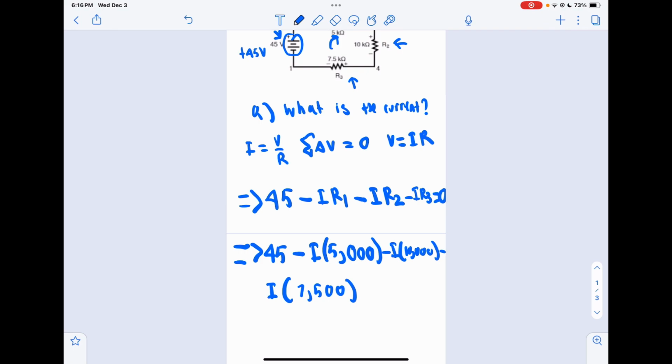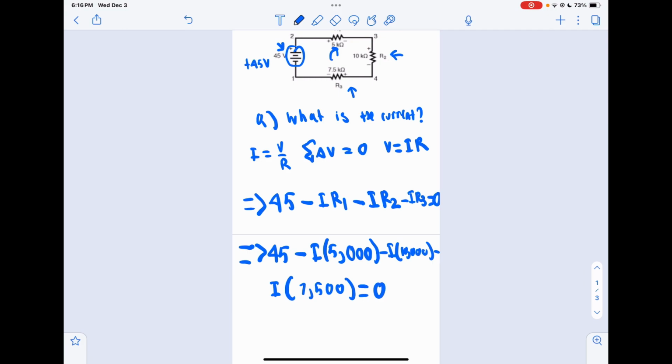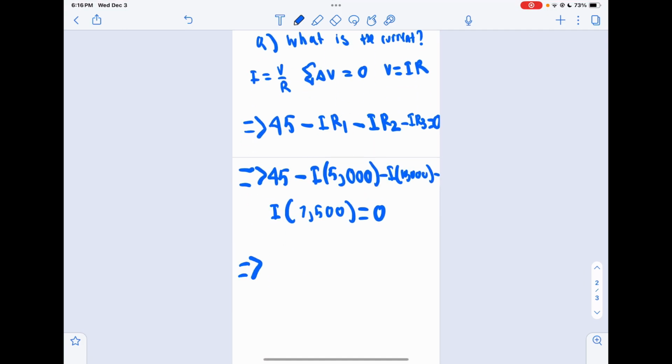Equals 0. From here, we just have to solve a simple equation. If we add all of these together, we have 45 minus I times 15,000 plus 7,500, which is 22,500, equals 0.